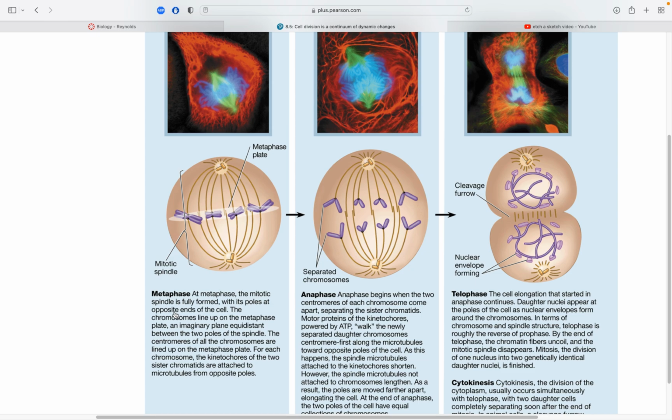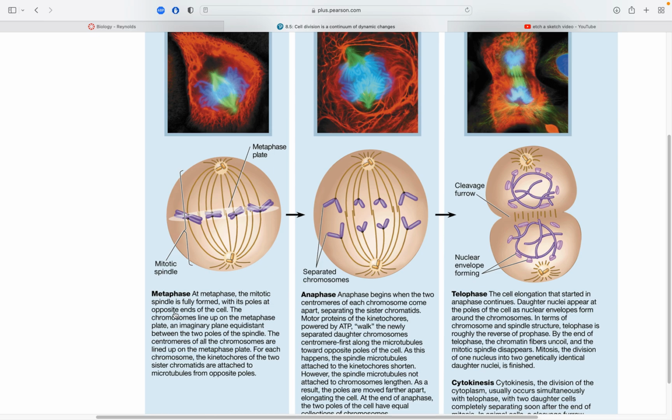The spindle fibers are attached to these guys, and that's how they kind of push and pull them so that they're all in the middle. These are called sister chromatids to each other. It looks like 2 chromosomes, like 2 fingers together, but that's 1 chromosome with its copy, and there's a spindle fiber attached to both copies.